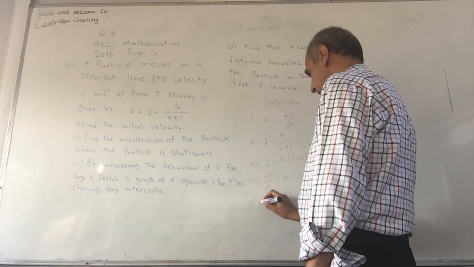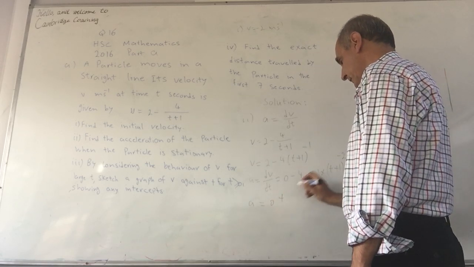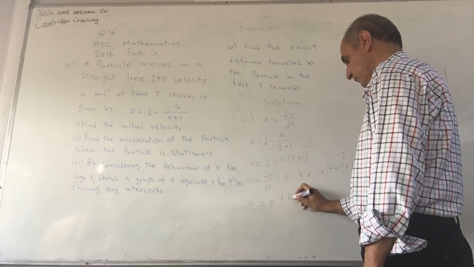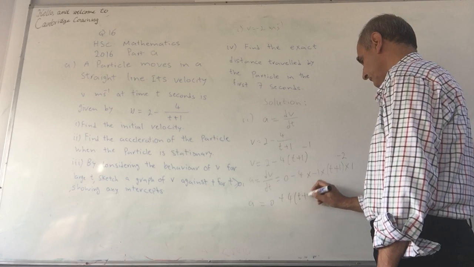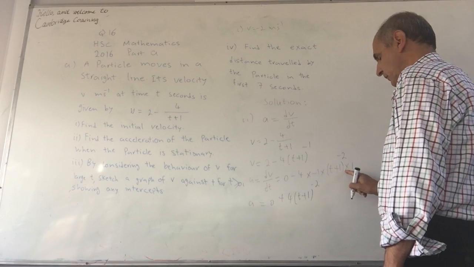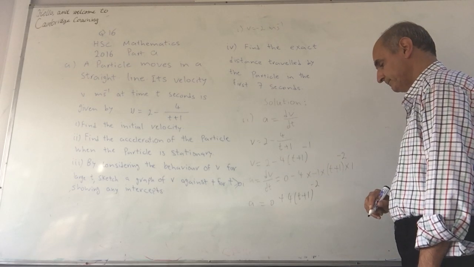When we simplify that, minus times minus becomes plus, 4 times 1 is just 4, and t plus 1 to the power of minus 2, and times by 1 doesn't make any difference, so we just drop it.